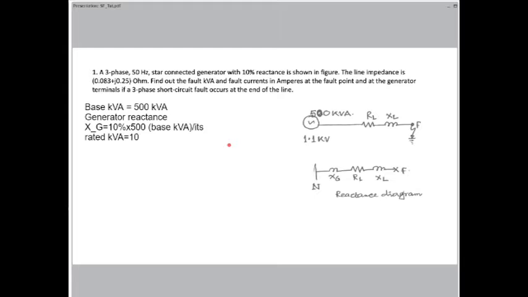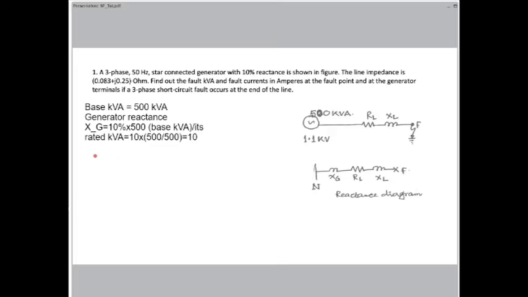So 10% times 500 divided by 500 is equal to 10. It's 10%.